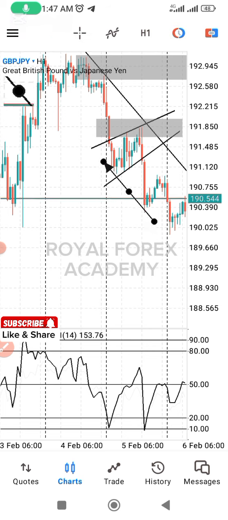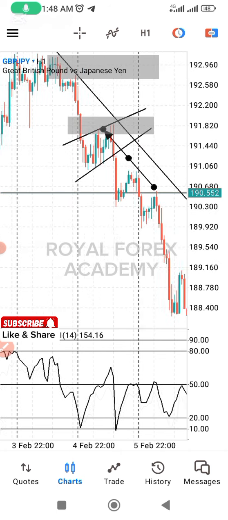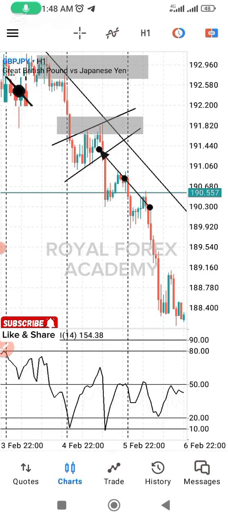Price did not get to the order block, but this price begins to move and then fill more than 50% of this particular fair value gap. And after that, what happened? Remember, we said our entry is going to be based on a candlestick formation, and all of this will happen on the 1 hour time frame.